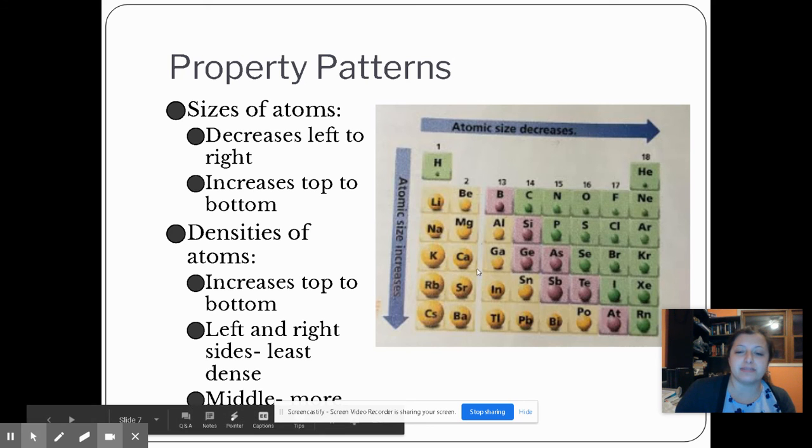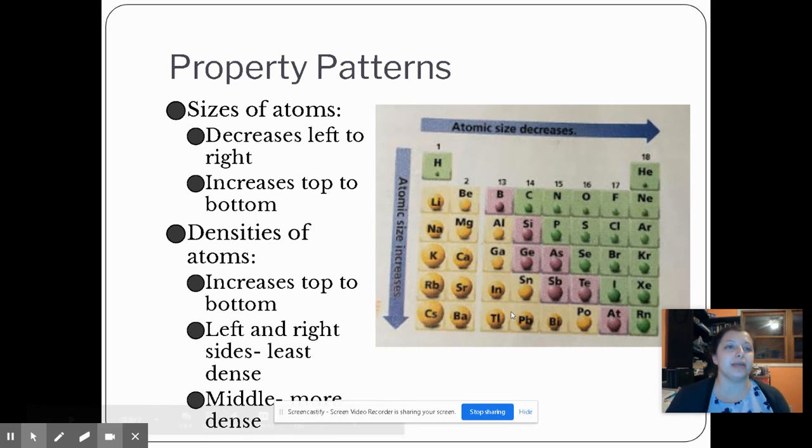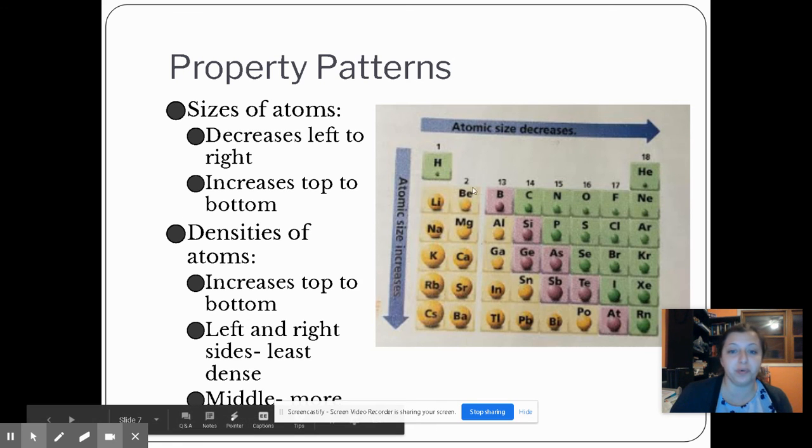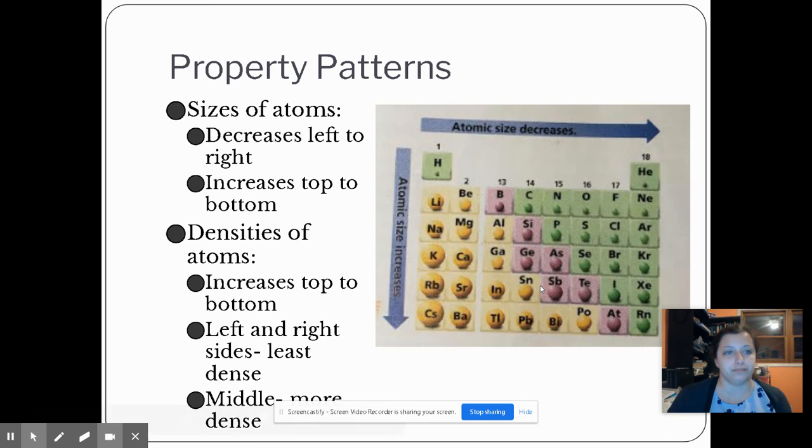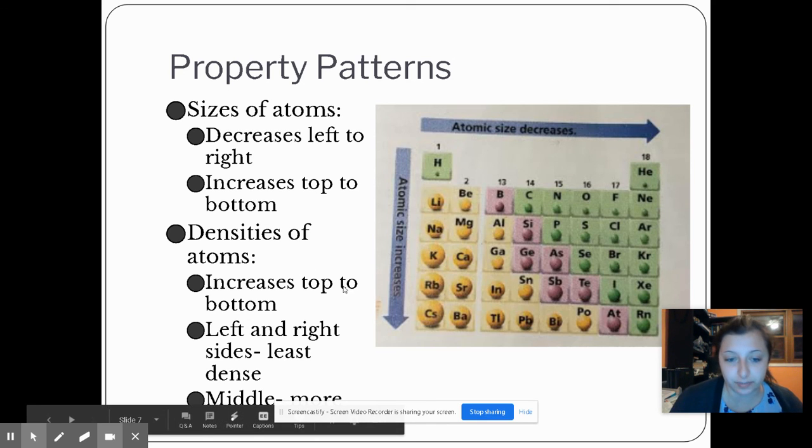So, as I've said before, you're going to have to be using the periodic table of elements to answer some questions. It doesn't come right out and tell you, but if you know these patterns, if you know what the numbers mean, you know what the colors mean, you can pretty much figure it out. So if I were to ask, what are 3 of the densest elements?